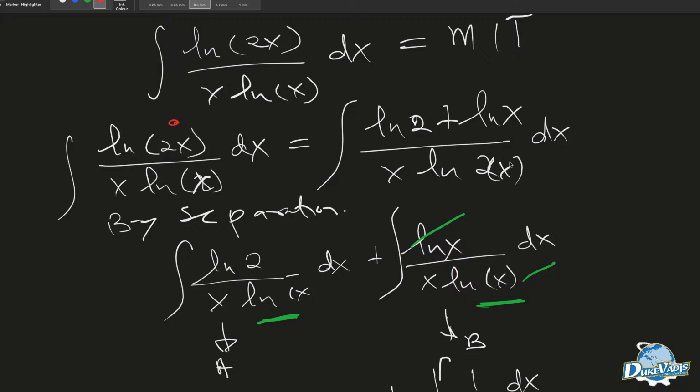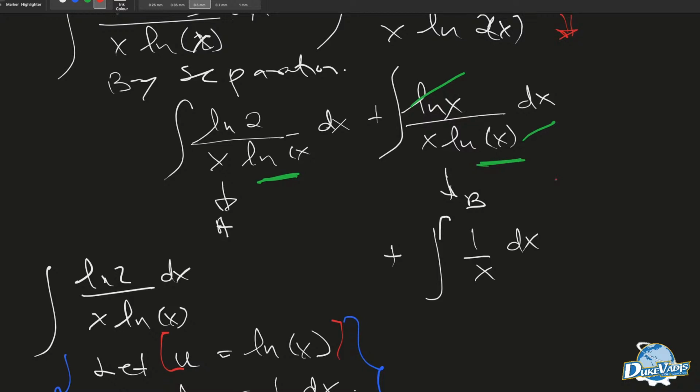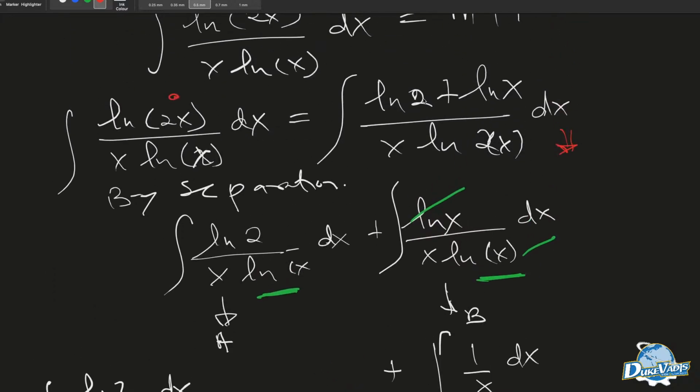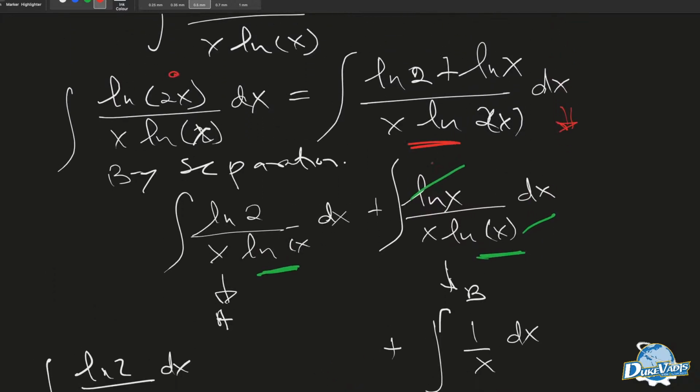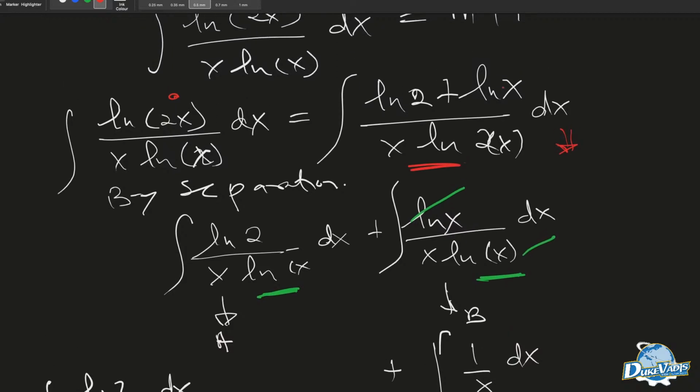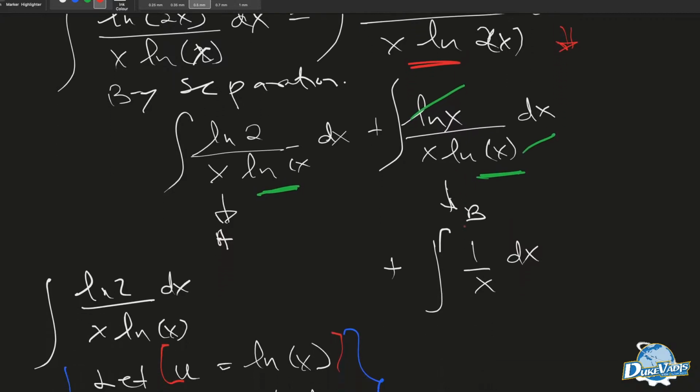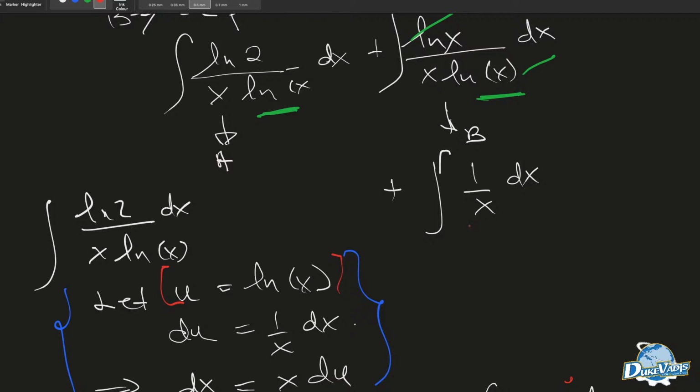Then we decided to break it down further. So when we did that, we had natural log of 2 over the denominator, and natural log of x over the denominator. So then we got to this point here.